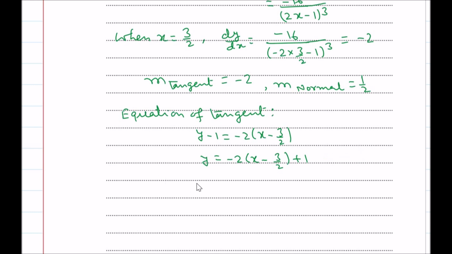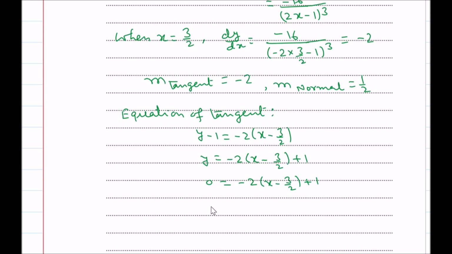Let me write here: 0 equal to minus 2 into minus 3 by 2. Sorry, let me correct it. Minus 2 into minus 3 by 2 plus 1.